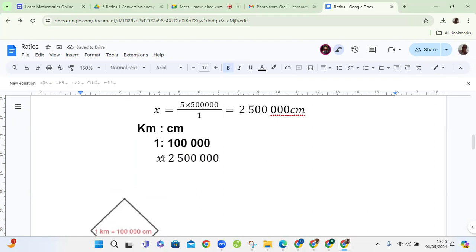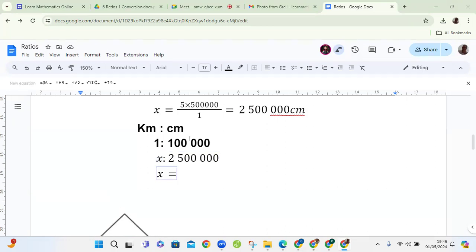We know that we have to divide by 100,000, because 100,000 is diagonally away from X. We have to divide by 100,000. So we have to multiply 1 times 2,500,000 divided by 100,000.